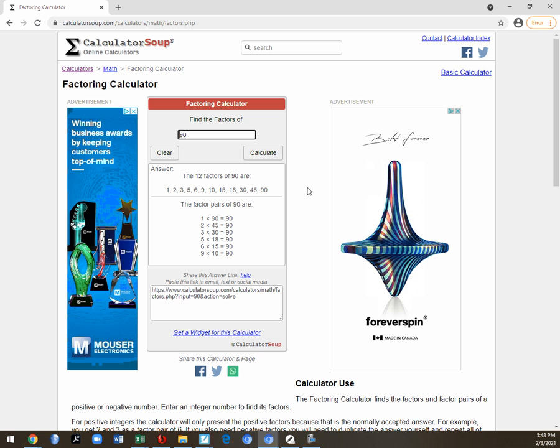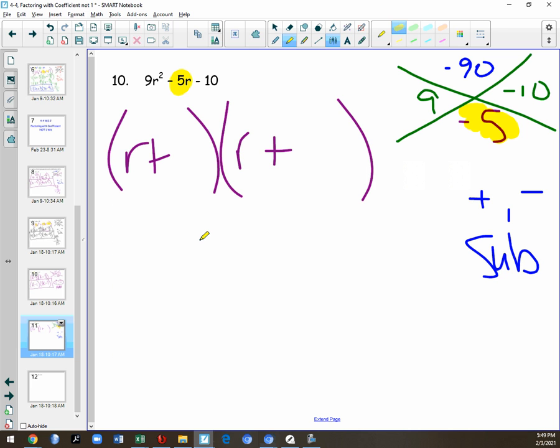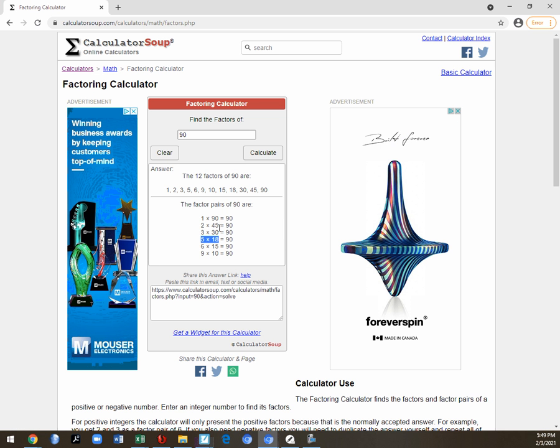So going back over there, if I subtract 10 minus 9, that gives me a 1. Nope. 15 minus 6 gives me a 9. 18 minus 5 gives me a 13. None of those are going to work so far. 30 minus 3 is going to be 27.